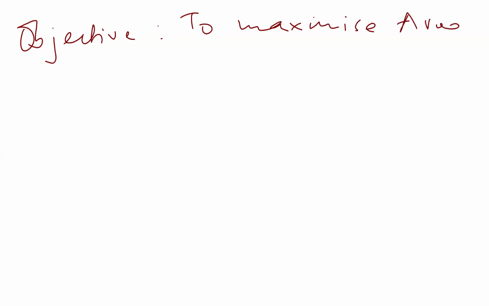Objective is to minimize the area. One second, let me read. Yeah, sorry. So we have to minimize. See, least they are saying, no? Least value. So it is minimization.